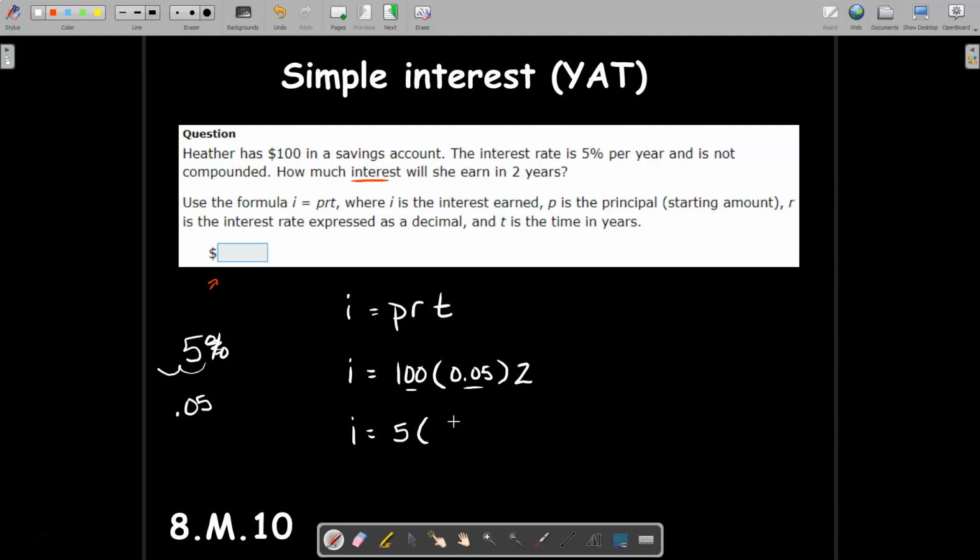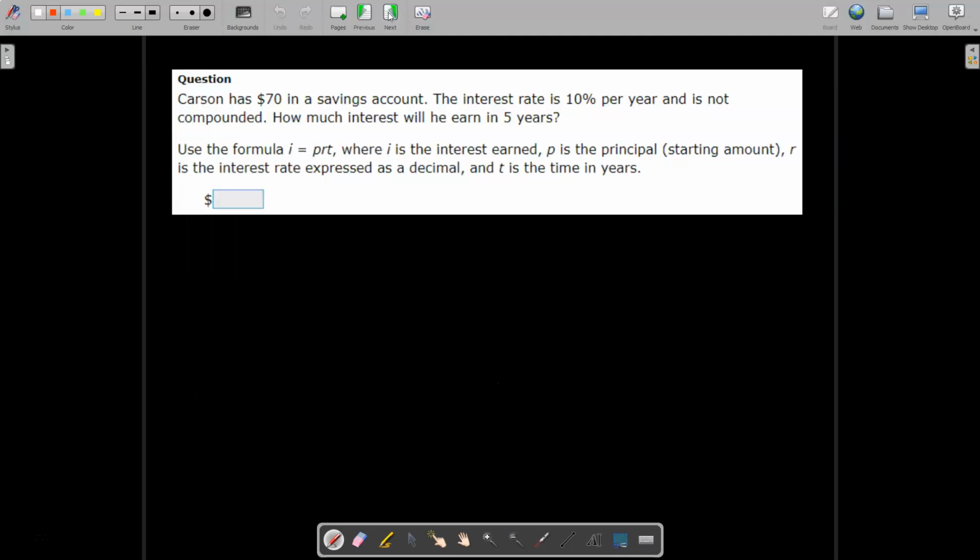And I still have the value of 2 that I want to bring down. So I'm going to get 5 times 2. In that case, that's 10. So the answer to our first question is $10. And you can put the decimal and the 2 zeros there if you'd like, or actually IXL will accept the answer just as 10.